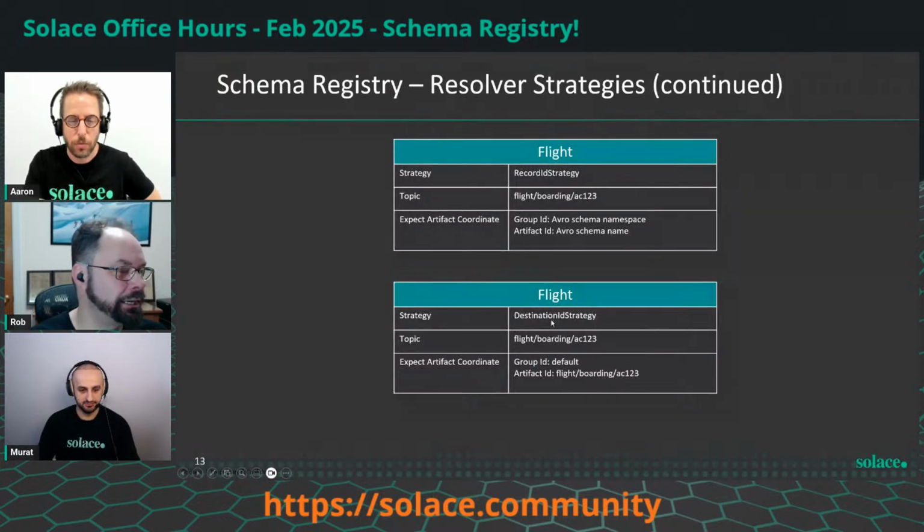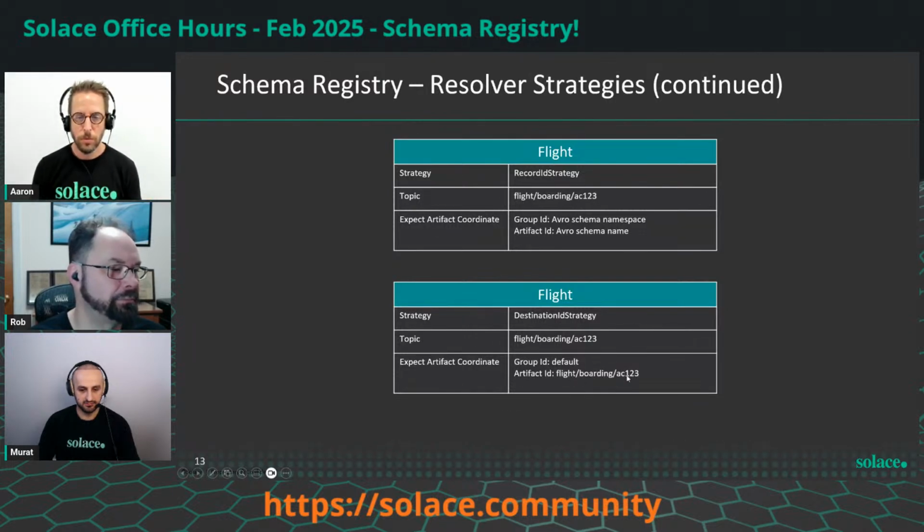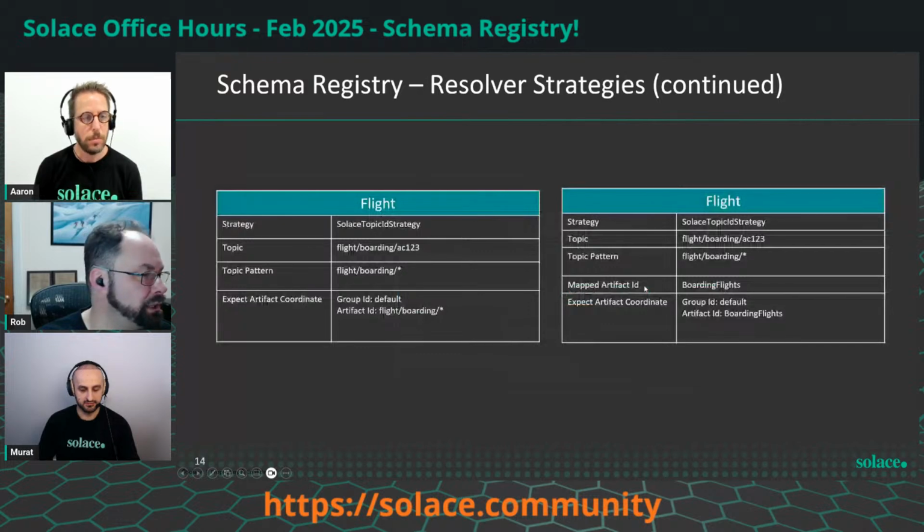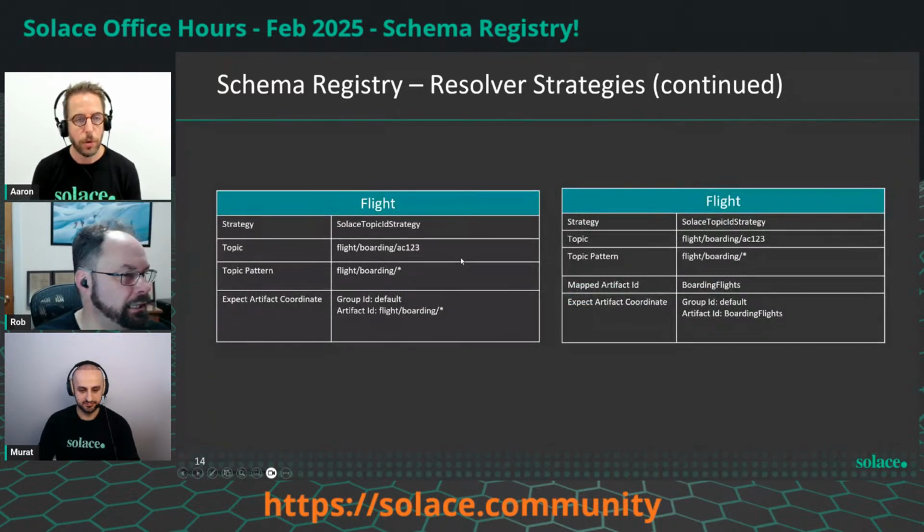Whereas if you did the same scenario but with a destination ID strategy, it's looking for that artifact group ID based on the topic itself. So the group ID and the artifact ID are what make up that artifact coordinate that points to a series of schemas within the registry. Okay.